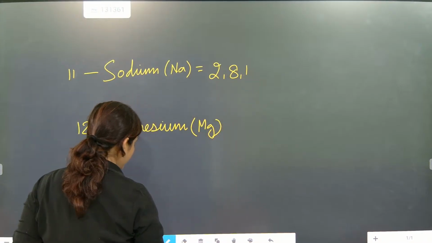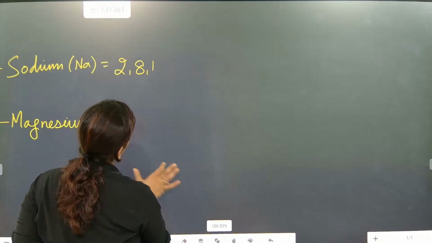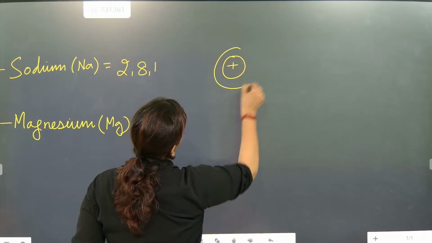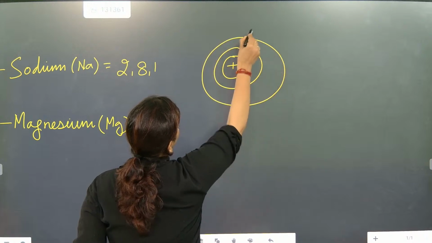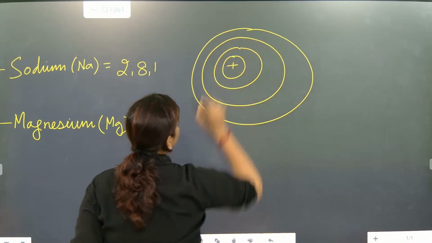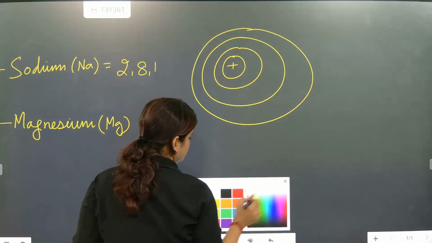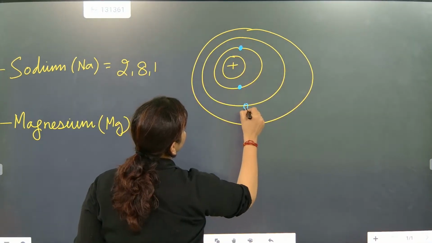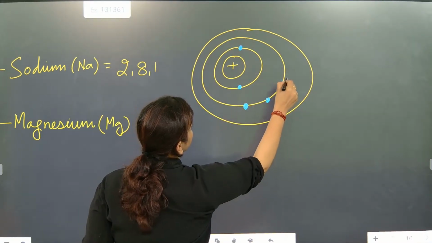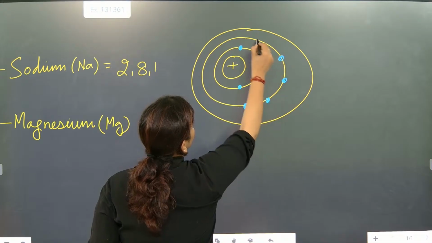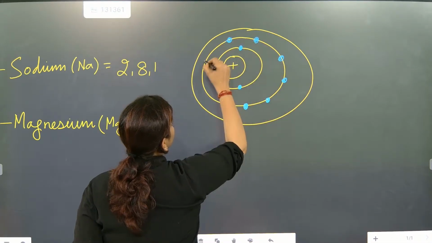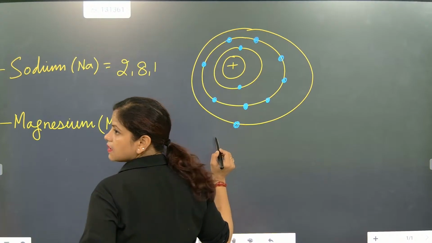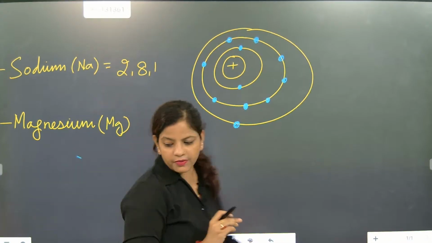So what will the atomic structure of sodium look like? In the outermost orbit, one electron will be there.